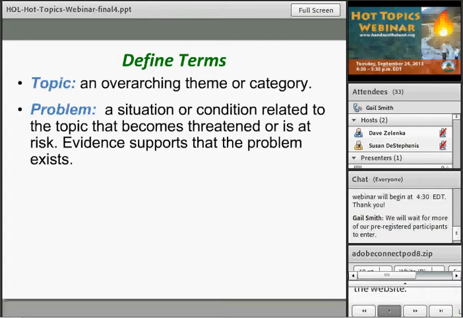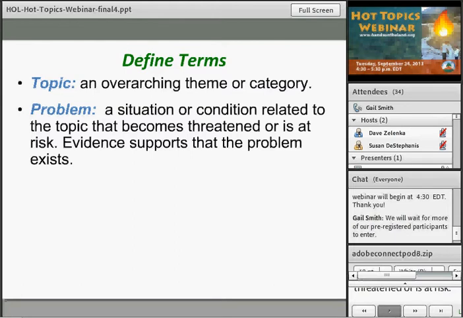The next topic that I've been using is a problem. And we can say this is a situation or a condition that's related to the topic in which something becomes threatened or is at risk. And it's real important when you look at the remaining part of this definition that there is evidence to support that the problem exists. In other words, everyone needs to agree that the problem is out there.